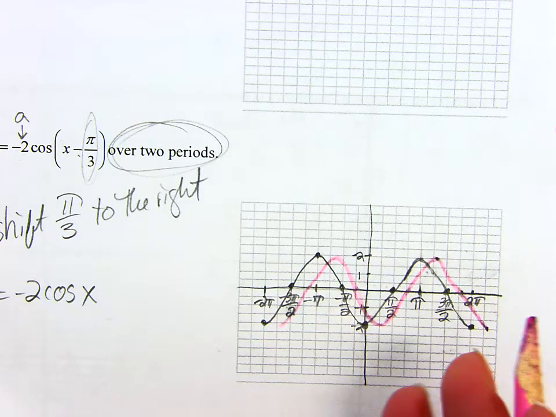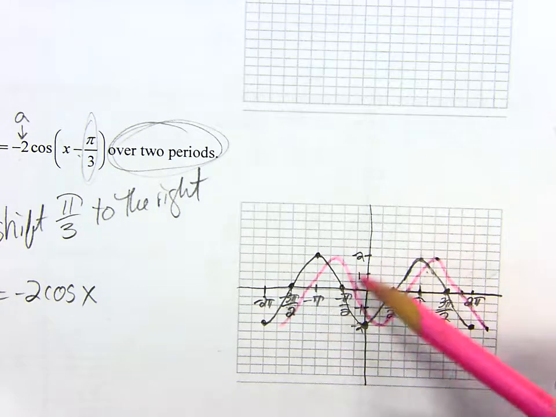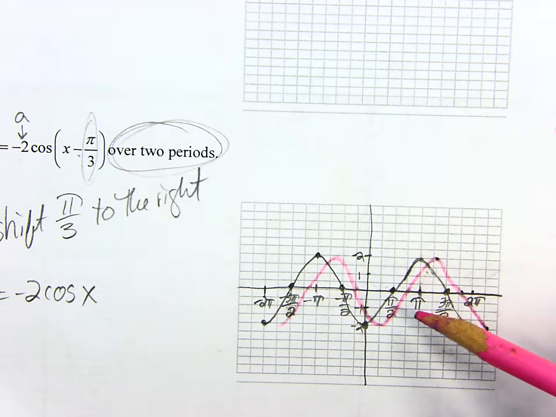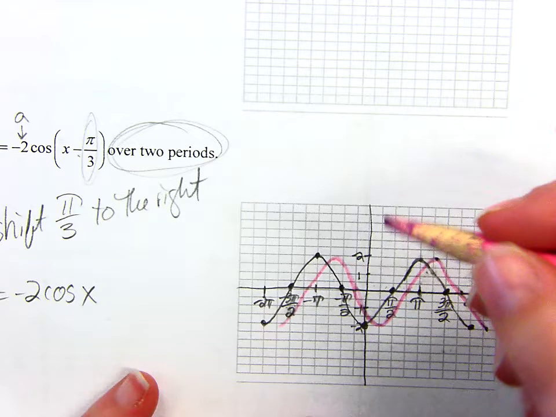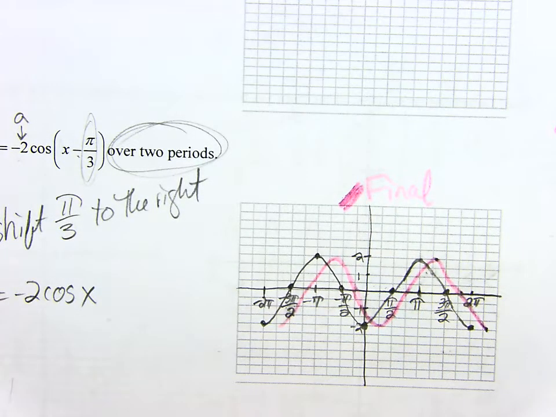If this were a test question, if you don't have the original, that doesn't matter. Just your final graph matters. If you want to leave them both, that's fine. Just make sure you indicate which one's the original and which one's your final. I would just say this is my final graph, the pink one. If you're using the same pen, just draw an arrow to indicate which is your final and which is your original.